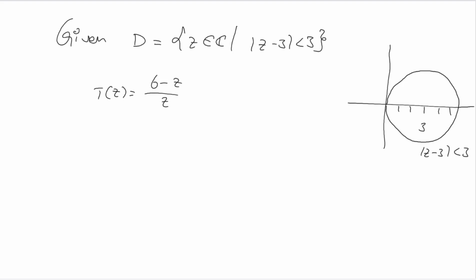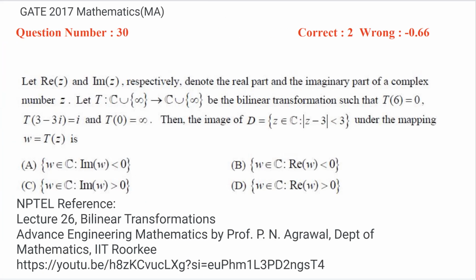Since it is our D, I'm considering the point 1. We can easily see that the points inside this circle are all complex numbers, and in particular we have the complex number 1, 2, 3, 4, 5. So I'm considering just the value of the complex number 1 under this map, and we get (6 minus 1) divided by 1, that is nothing but 5. So let's see whether we can discard any option from this condition or not.